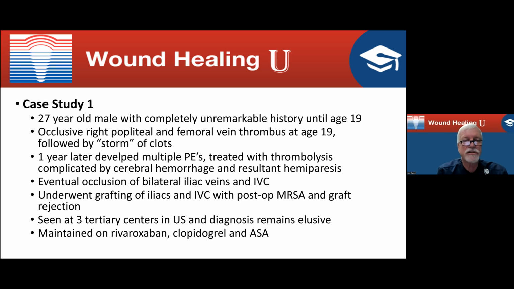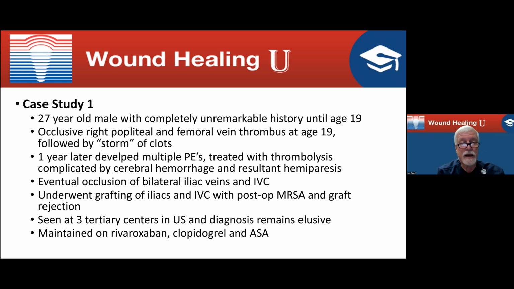So on to a few case studies. Case study one is a 27-year-old male with a completely unremarkable history until age 19. When he was 19, he developed an occlusive right popliteal vein and femoral vein thrombosis, followed by what he described historically as a storm of clots.